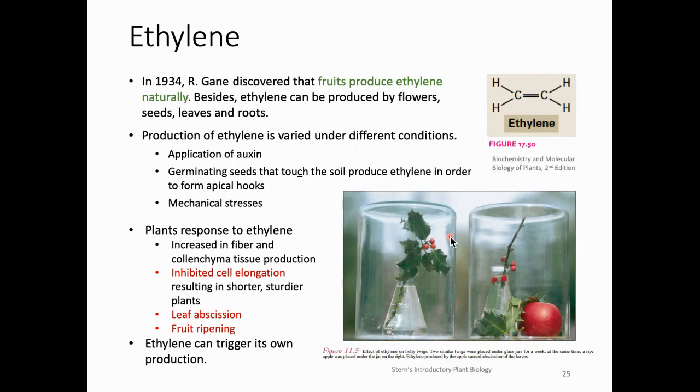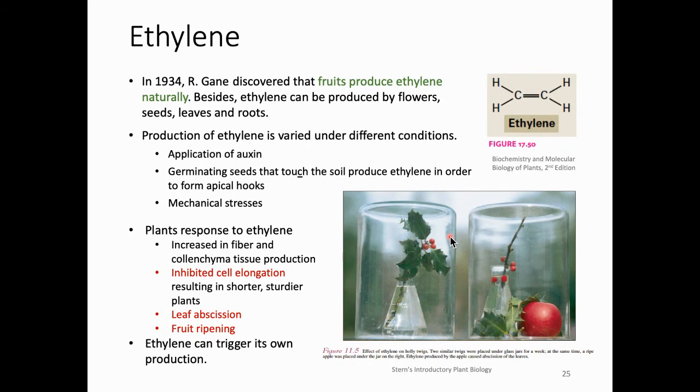So later, another person found that fruit can produce ethylene naturally, and it can be produced by flower, seeds, leaf, and root as well. Production of ethylene varies under different conditions, like application of auxin.